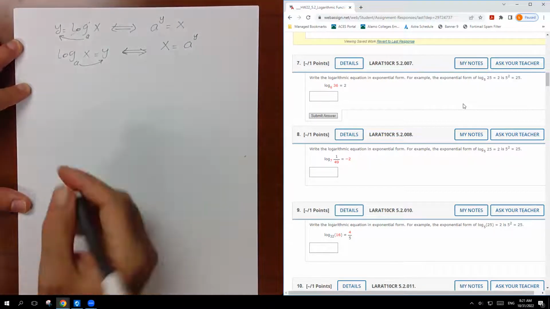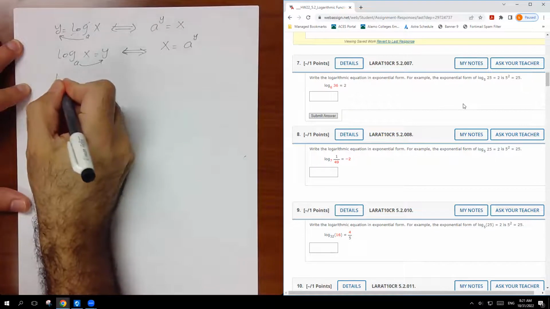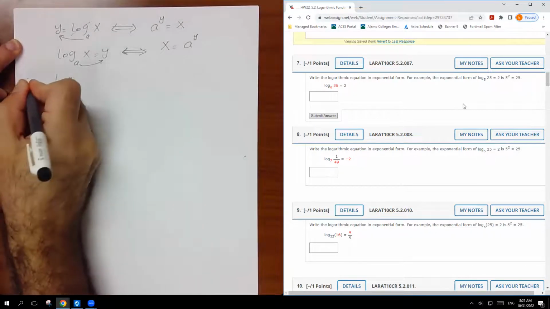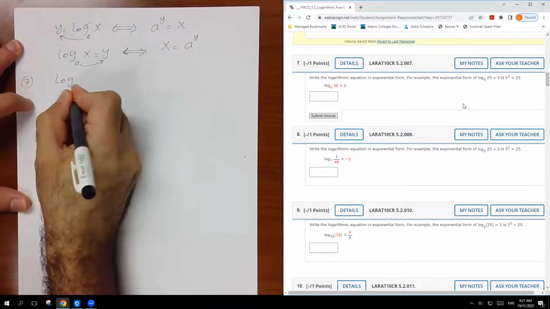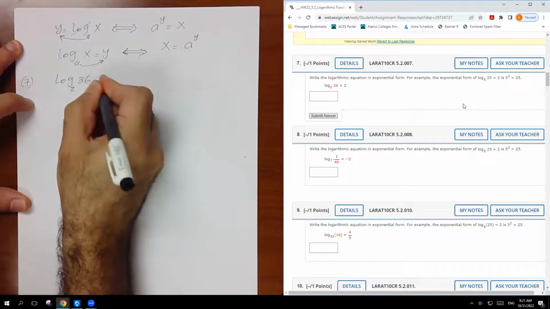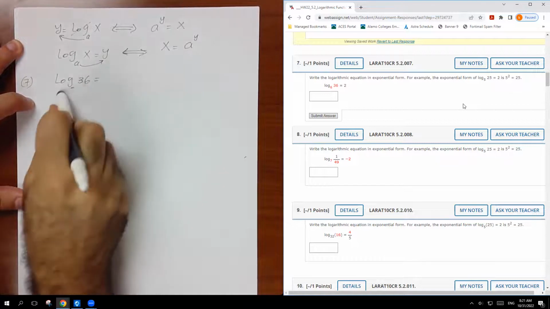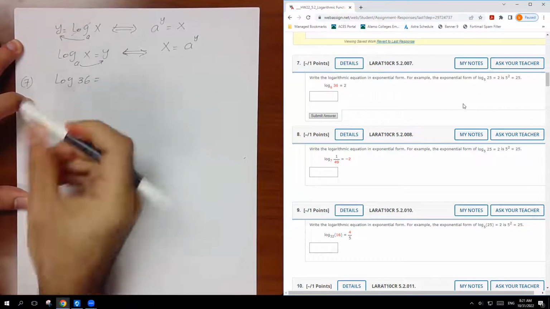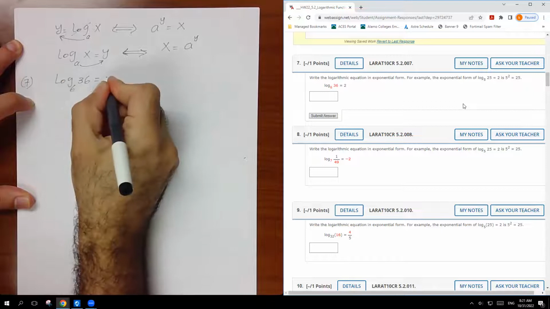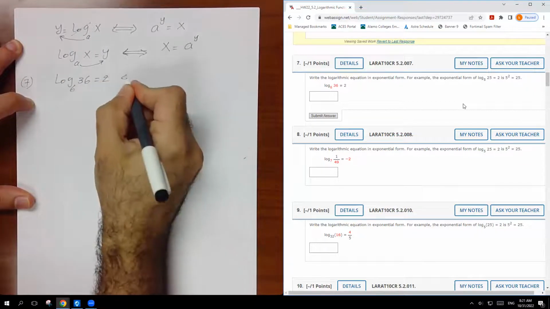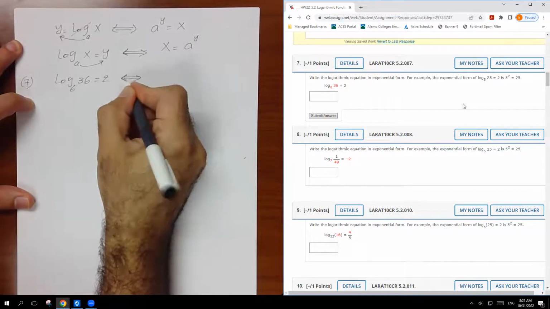So log to the base 6 of 36. This is example 7: log to the base 6 of 36 equals 2. This is the log form. I need to write down the exponential form.